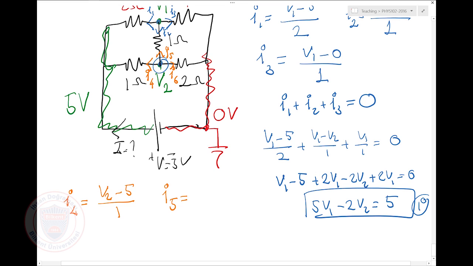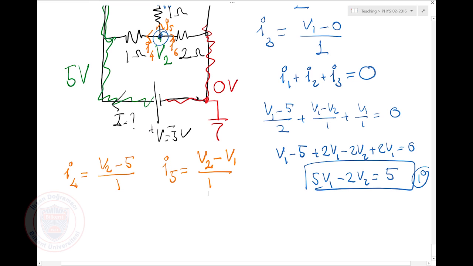Well, I5 is just minus I2, right? It's in the other direction, right? So I can maybe just right away say one end is at V2, the other end is at V1, divided by 1 ohm. How about I6? I6 is going to be V2 minus 0 divided by 2.